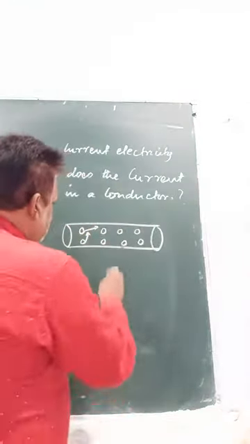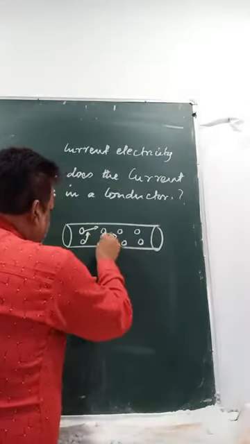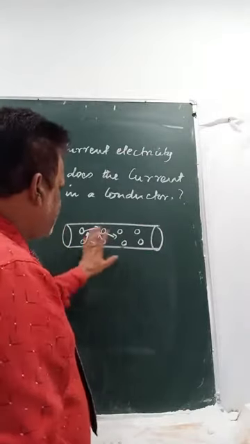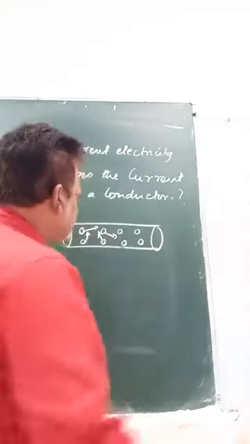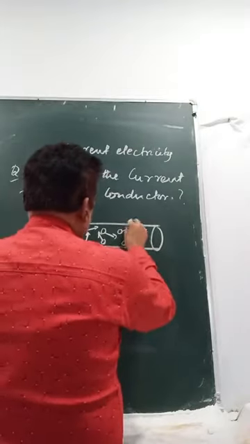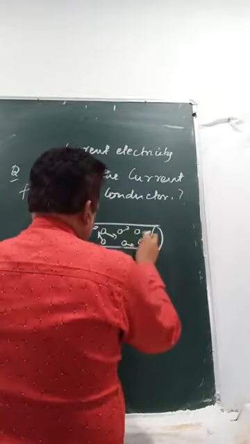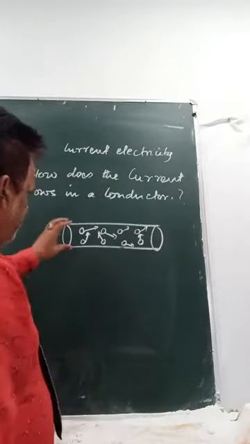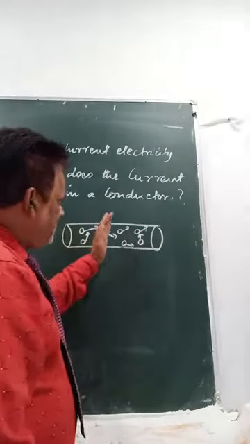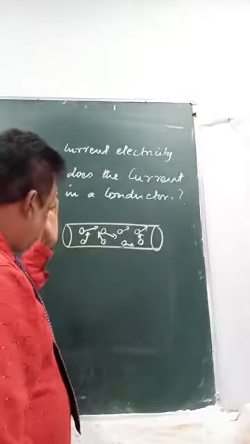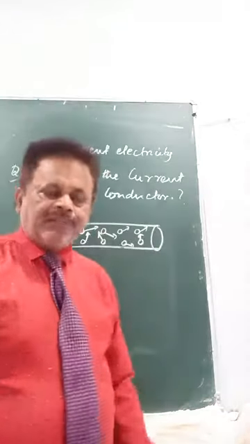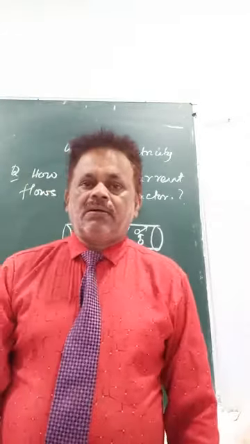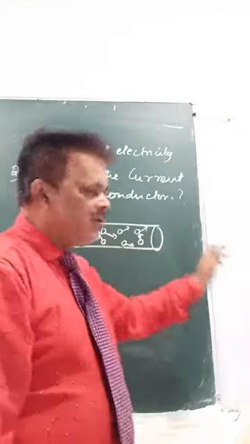This is going in this direction, this is going in this direction, in a haphazard way. There is no fixed direction because they are free to move. If you can arrange these electrons in a straight alignment order, then the current will start flowing.